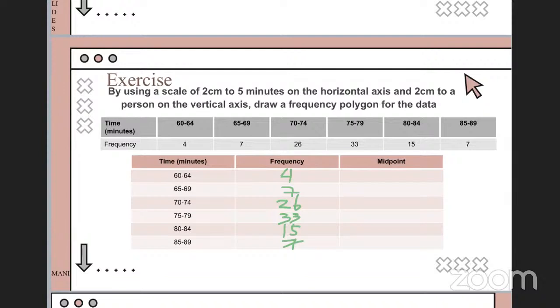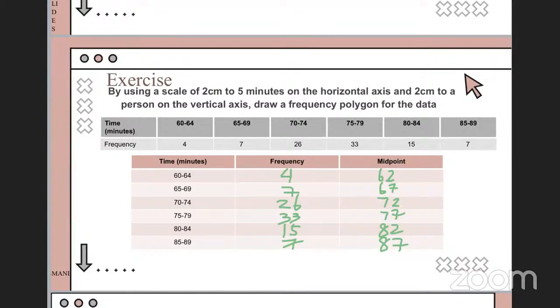Okay, it's almost time, so I'll go through the midpoints with you guys, which are 62, 67, 72, 77, 82, and 87. You guys can get this figure, right? Can anyone get it? Can you just comment, or if you can get it, just raise your hand. Just give me some reaction. Oh, someone raised their hand.